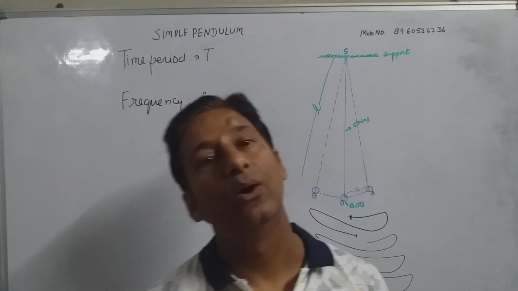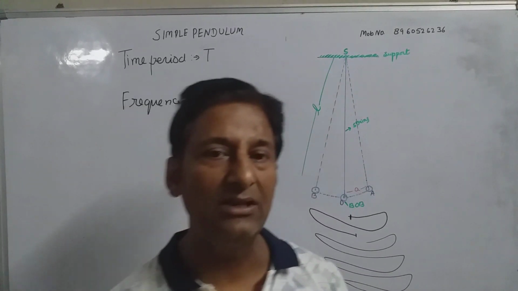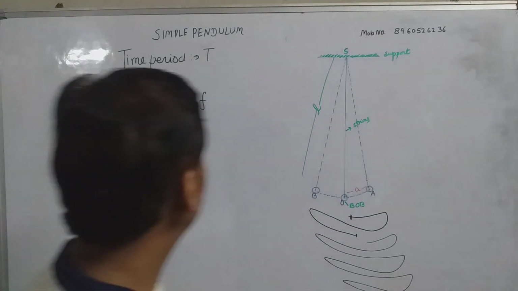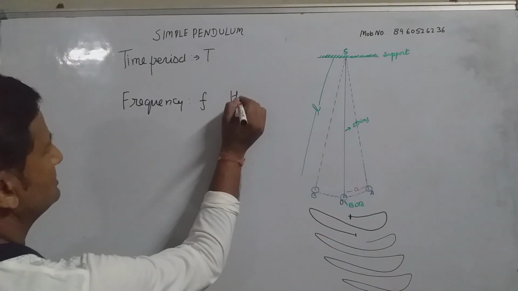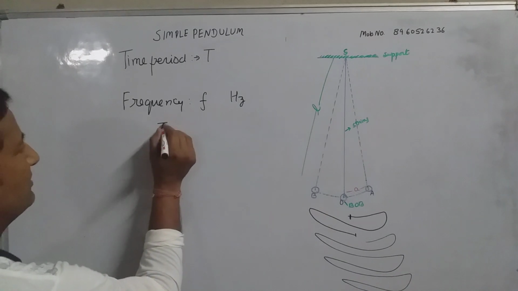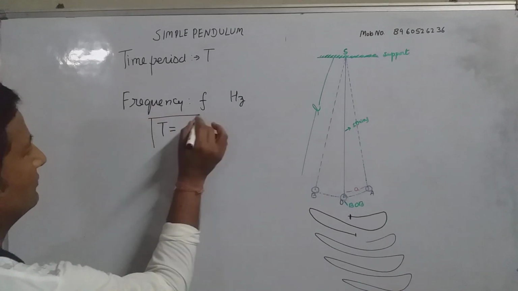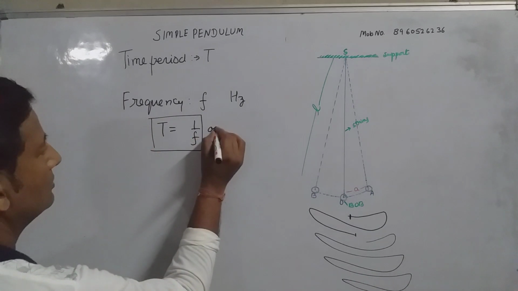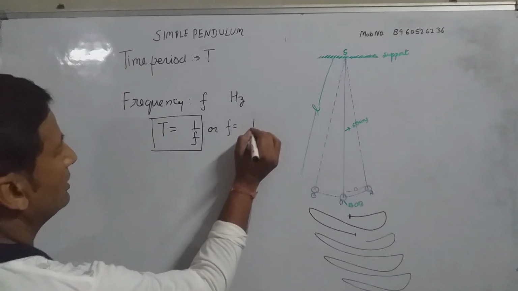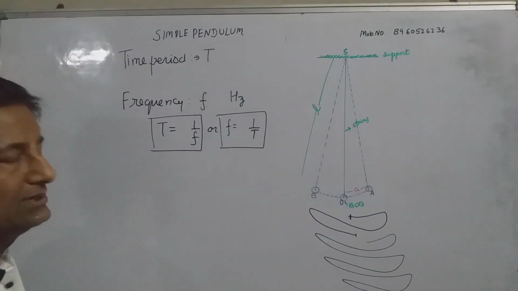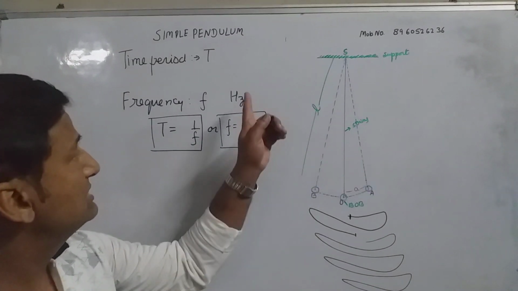Frequency means the number of oscillations in 1 second, and the unit of frequency is hertz. There is a relationship between time period and frequency, that is T equals 1 upon F, or F equals 1 upon T. Both are relations, right? The unit of frequency is hertz.